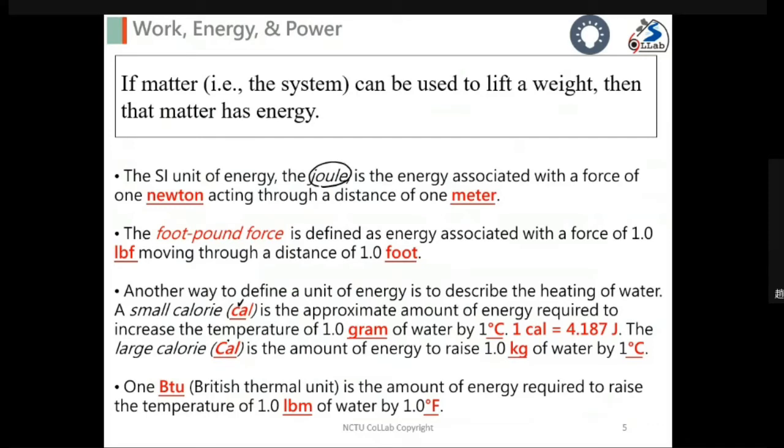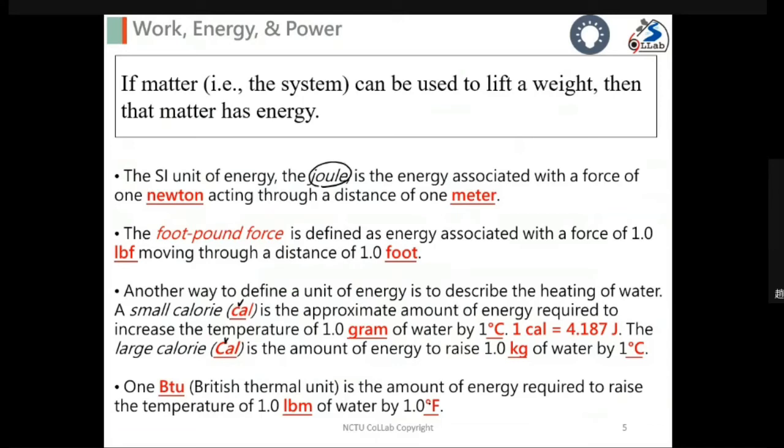Then another way to define a unit of energy is to describe the heating of water. So we have the small calorie and the large calorie. The small calorie is equal to the energy required to increase the temperature of 1 gram of water by 1 degree. And we know that 1 small calorie is equal to 4.187 joules. The large calorie is the amount of energy to raise 1 kilogram of water by 1 degree.